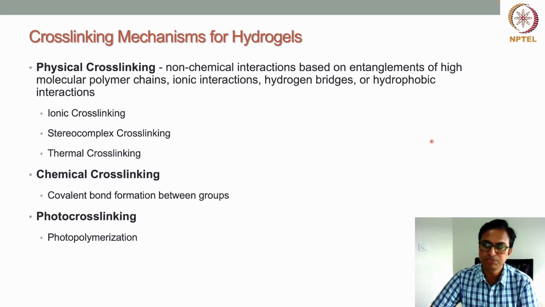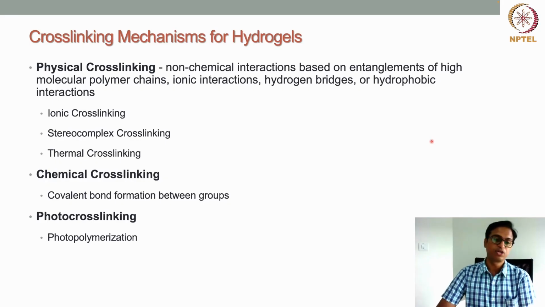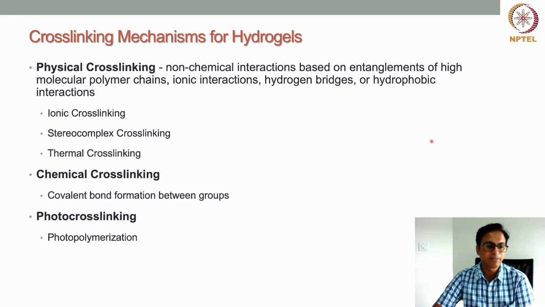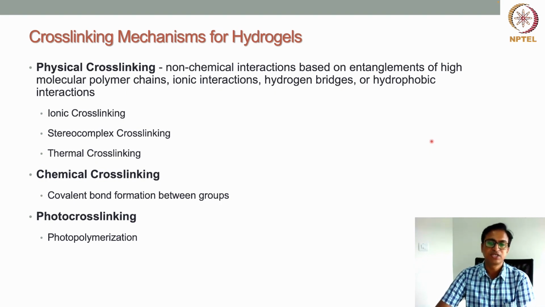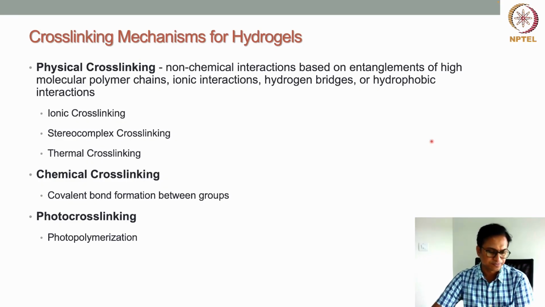If we expose them to light, the polymerization will start happening, the chains will get longer and longer, and the viscosity increases, and they will become a gel after the whole photopolymerization process. So photo cross-linking happens because of this photopolymerization, and there we use different photoinitiators to initiate the photo cross-linking process.